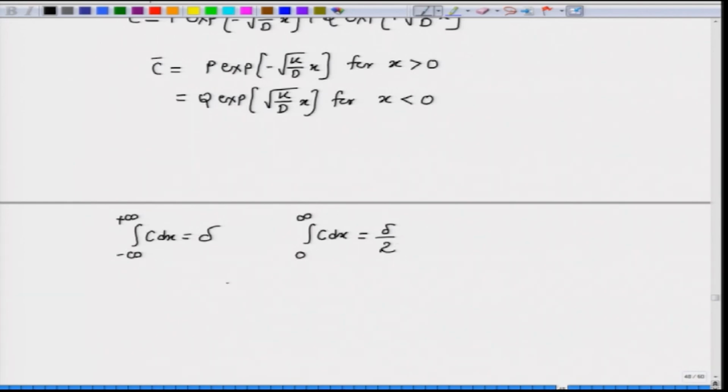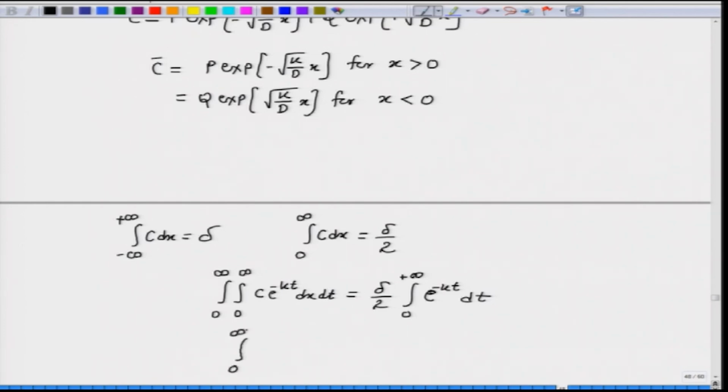So, if we take Laplace transform again on both sides, delta by 2 is constant, and we rearrange, we will find the Laplace transform of C appears.